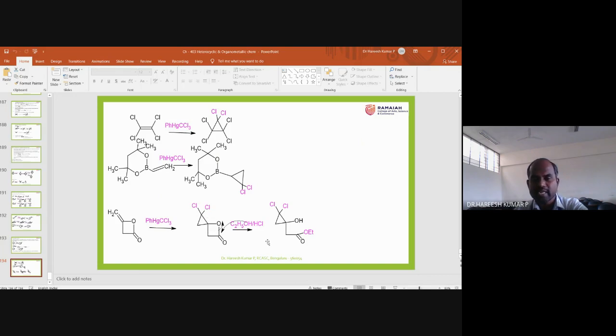Suppose this moiety is treated with ethanol in the presence of HCl. Ethanol means the lone pair attacks this carbonyl carbon, and this bond pair picks up a proton. So that means ester here, alcohol here. So this is a further reaction.